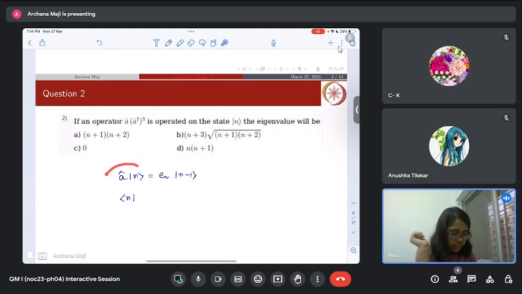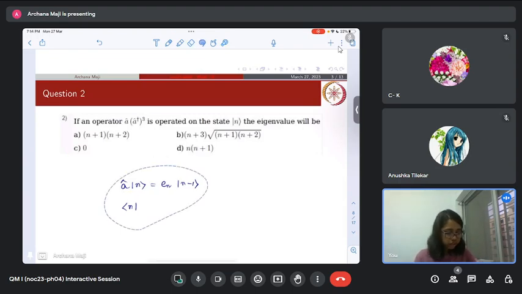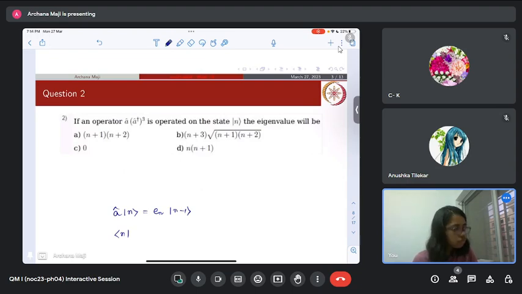You understand this starting point, how we are equating A on n to be n minus 1 ket. This comes from the commutator of n with A. This actually gives you minus A. This you can do, right? Yes, ma'am. So n is A dagger A, and you know the A A dagger commutator is 1. So from there you can derive that the n A commutator is minus A.